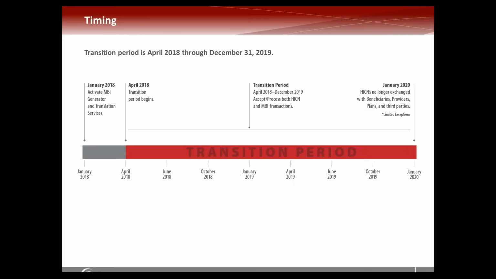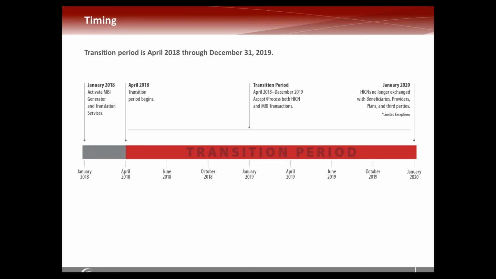So timing. As I said earlier, beginning this year, CMS has been in the process of generating approximately 150 million MBIs. So starting April 1st is the transition from the old HICN to the new MBI. This transition takes place starting April 1st of 2018 and will run through December 31st, 2019.